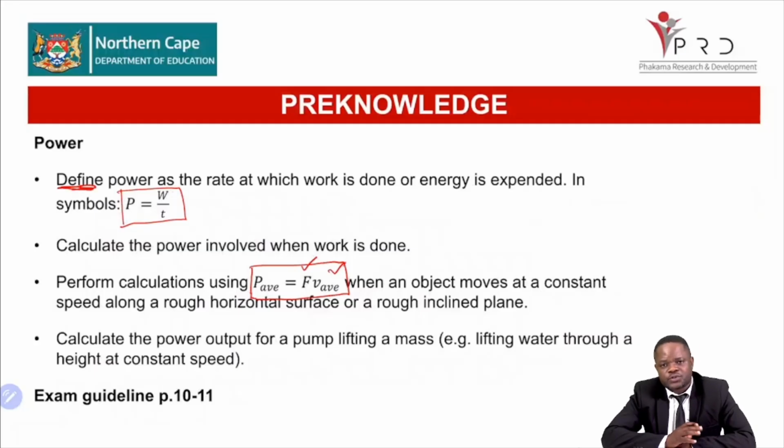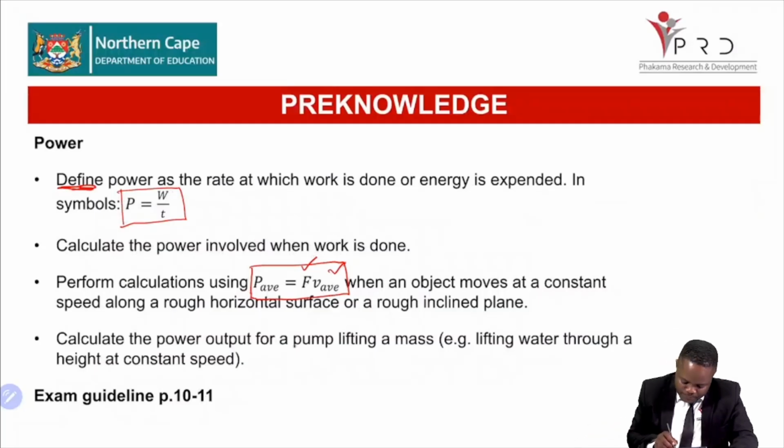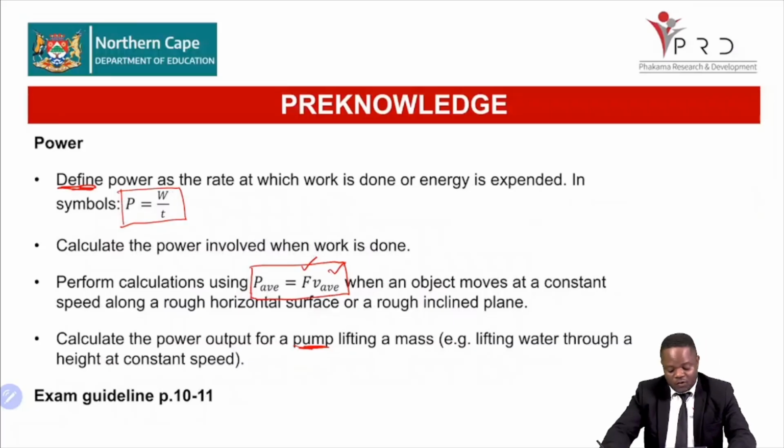So looking at a situation whereby an object is moving at a constant speed, we're able to apply that formula in rough horizontal surfaces and also in rough inclined planes. And then last but not least, you should be able to calculate the power output of a pump lifting a mass of water. I hope you remember that from our previous lesson on power.